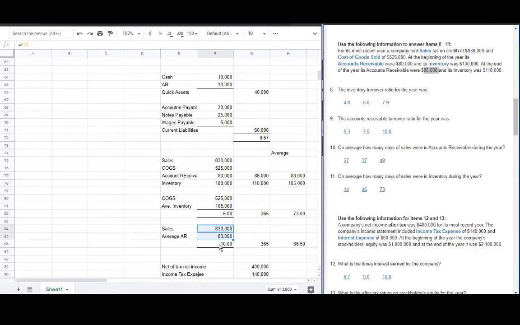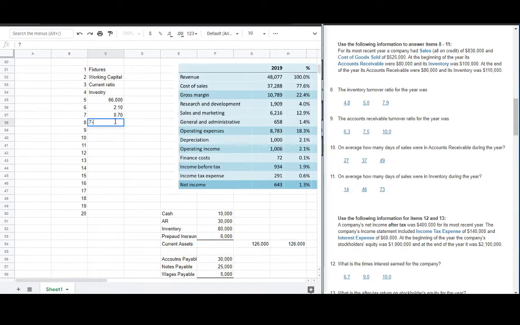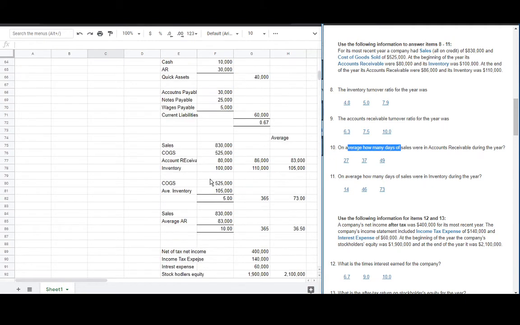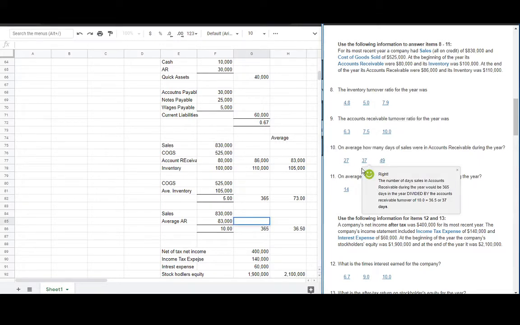When we divide that, we get 10. And correct, number 10. So number 10, on how many days of sales is accounts receivable during the year. So we get 365 divided by the AR turnover ratio, we get 36.5 or 37.